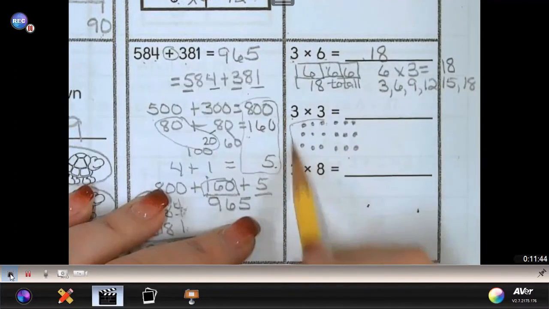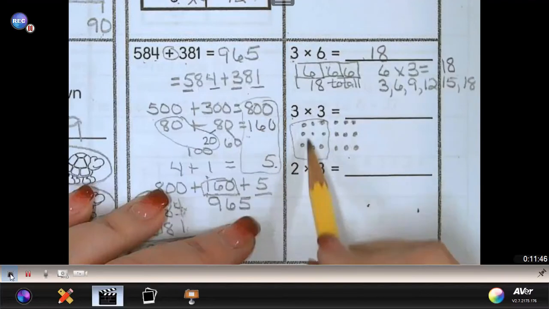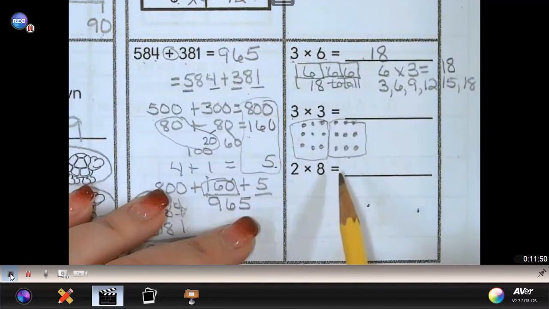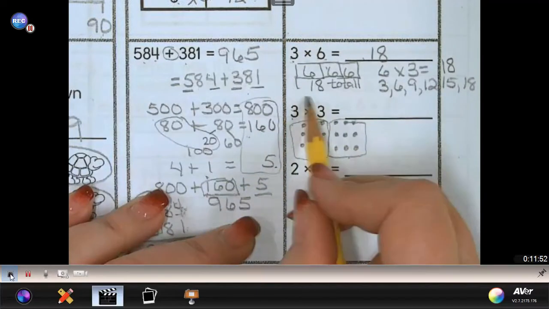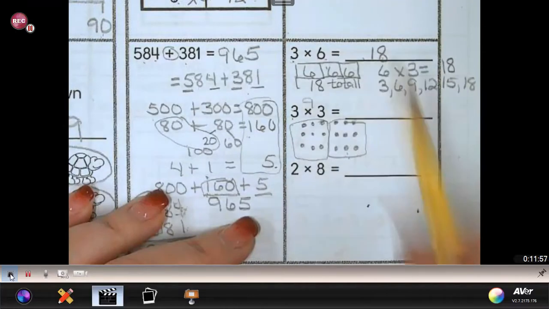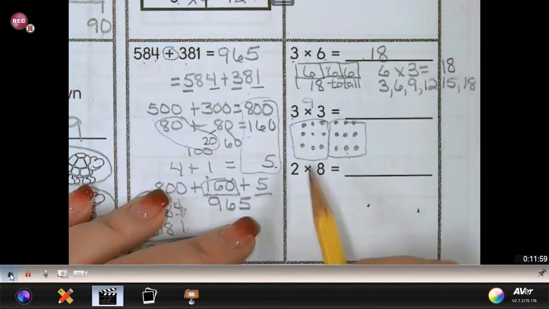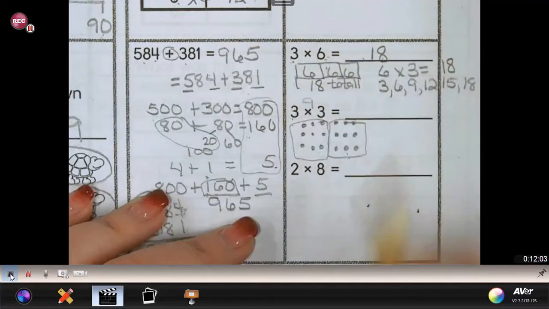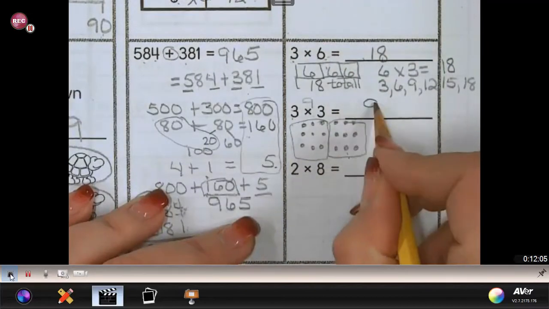So this 3 times 3, I could use it and double it and get 3 groups of 6. And 3 times 3 is 9. And so 9 and 9 would give me my 18. So that's just another way to think about using your 3s to help you get 6s by doubling them. So 3 times 3 is 9.